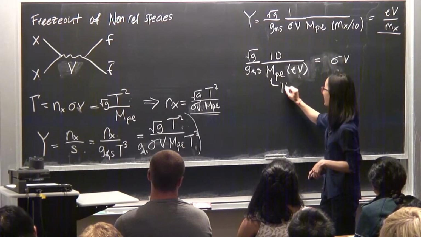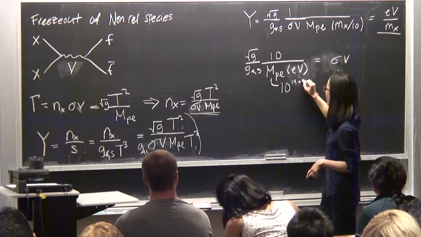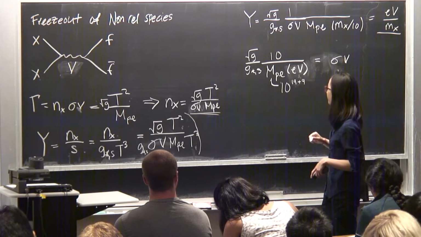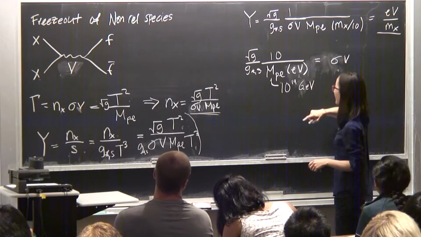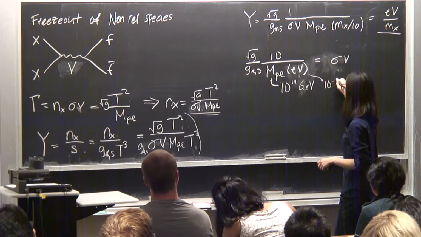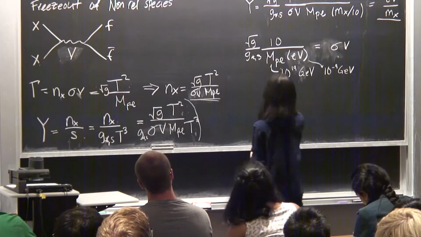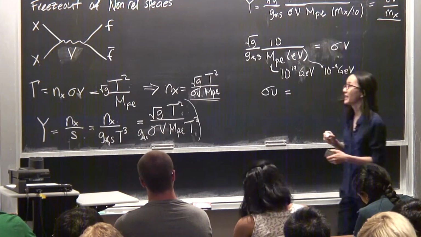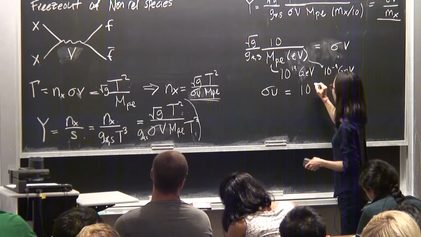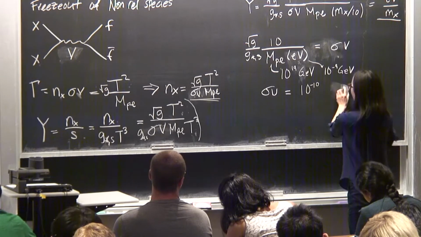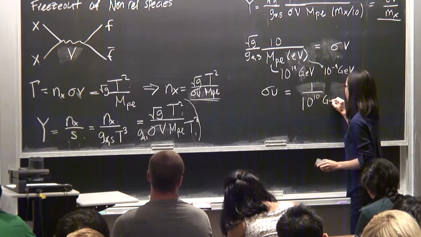This M Planck is about 10 to the 19 GeV, and ρ_DM is about 10 to the minus 9 GeV. So at the end of the day, we get that the annihilation cross-section has to be about 1 over 10 to the 10 GeV squared.